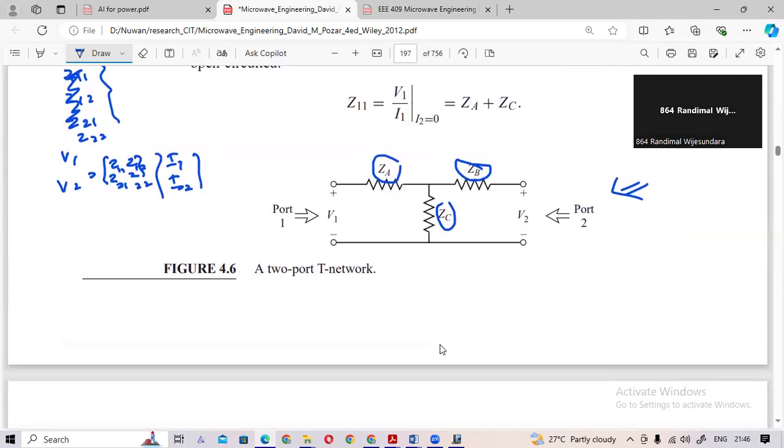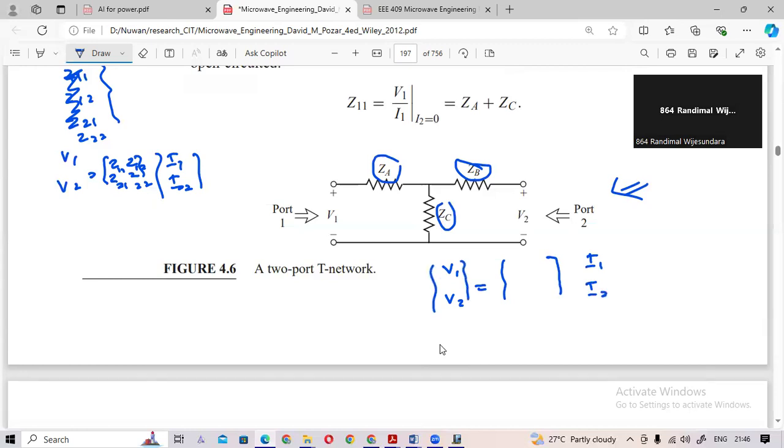Maybe I will give you some help. First try to write the equation. Before the equation, I think it is better to write the matrix. So the matrix we can write easily. There are two ports.